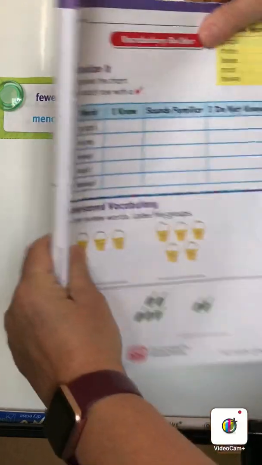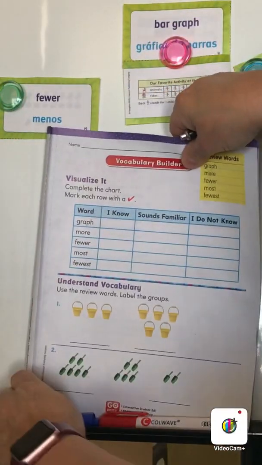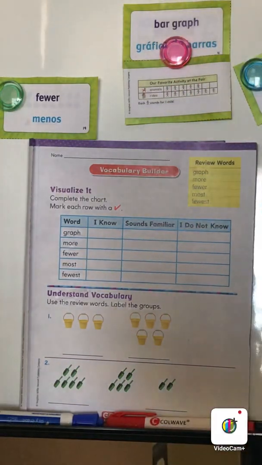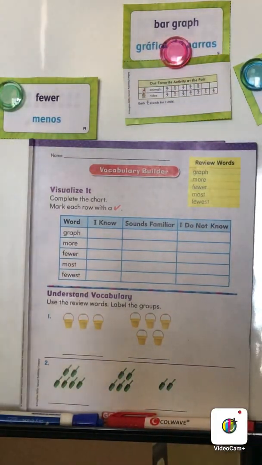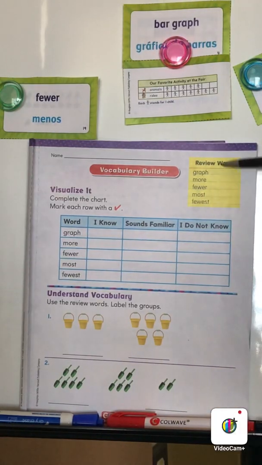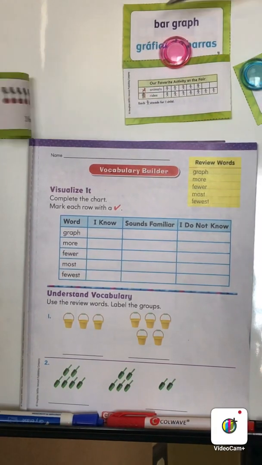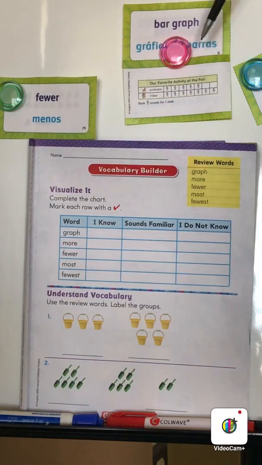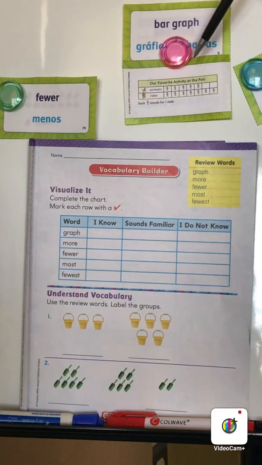On the vocabulary builder page, you are going to see our review words here. Graph, more, fewer, most, fewest. So a graph is some kind of chart or table that gives you data or information.